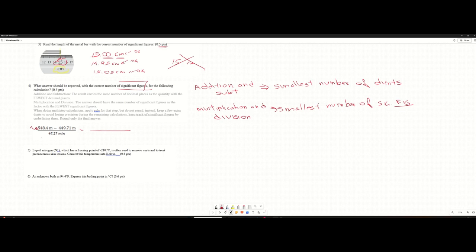So 548.4 minus 49.71. This is 498.69. However, let's grab another pen. The smallest number of digits is over here, right? One digit. So my result should have only this digit over here.